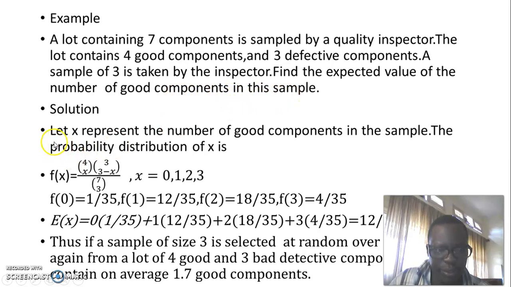So our solution is like this. Supposing you let x represent the number of good components in the sample, the probability distribution of x is now going to be f of x, which is equal to 4 combination x, 3 combination 3 minus x, over 7 combination 3.